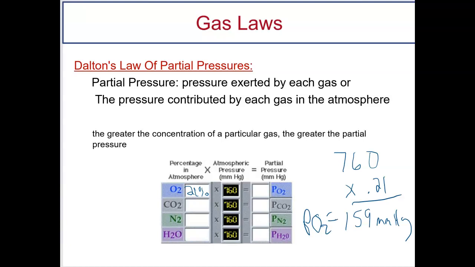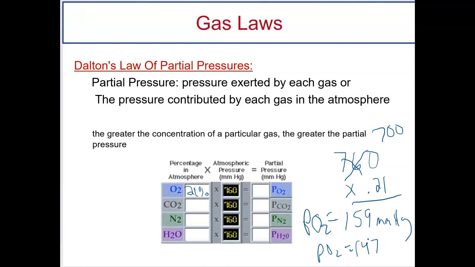So if we know the atmospheric pressure, which at sea level is 760, now remember that pressure falls with altitude, right? So if we go up in altitude, that's going to decrease. Let's say it drops to 700. Then notice that my PO2 will also decrease. In this case, it would fall to about 147.